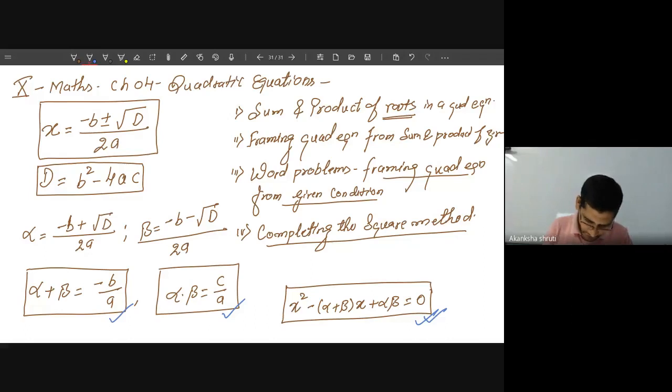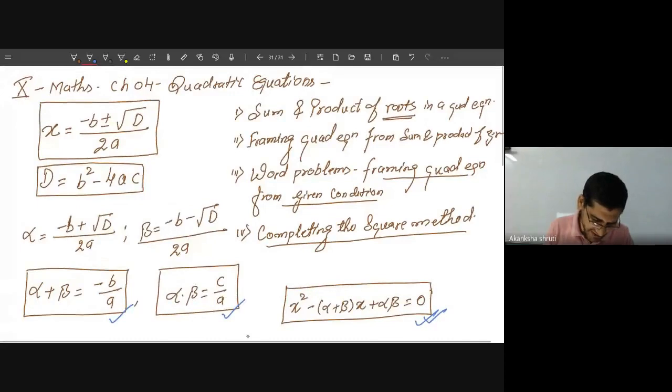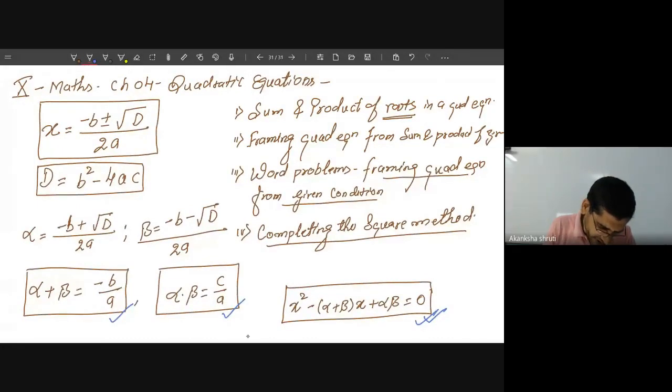And how the roots of the quadratic equation are obtained, this we have already learned in our previous classes, that roots of the quadratic equation are given by x equals minus b plus minus under root d by 2a, and this d is the discriminant and it is calculated by taking b square minus 4ac. This also gives us the nature of roots. Those things in very much detail we have done last day.